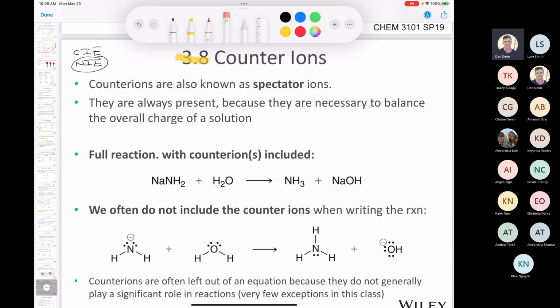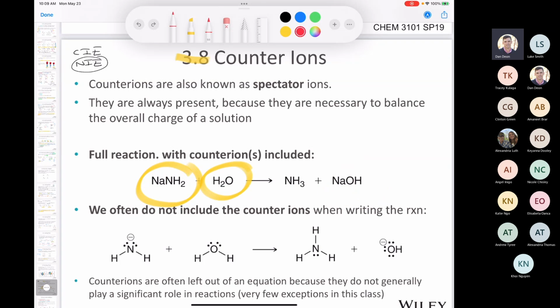Take a look at this reaction here. We have NaNH2 plus water gives you ammonia plus sodium hydroxide. We can see that there's two metals here, right? You have a sodium here, a sodium here, and a sodium here, but those are just sodium cations, right?